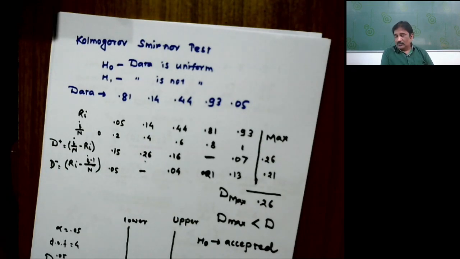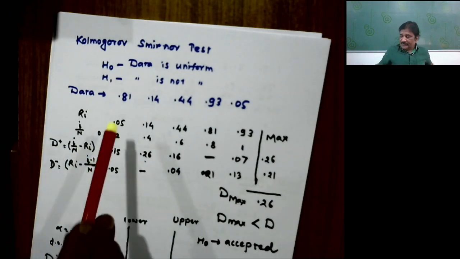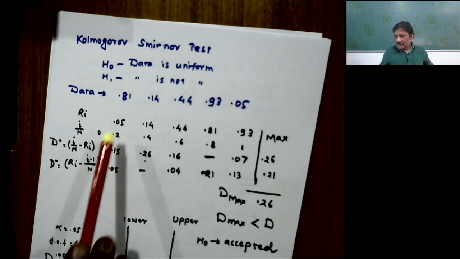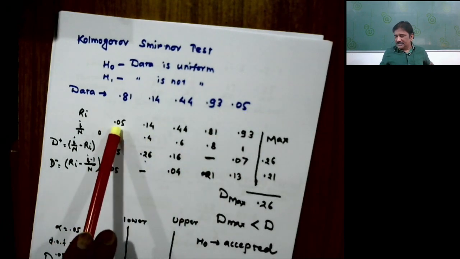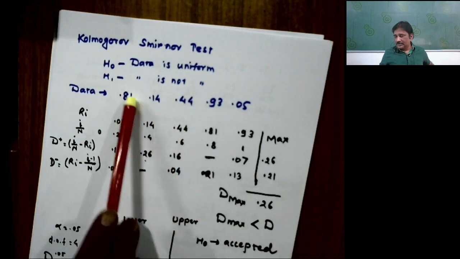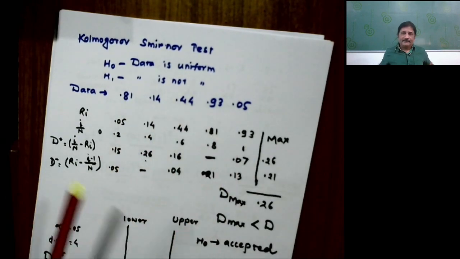Right. So in the Kolmogorov-Smirnov test, particularly for testing whether the data follow uniform distribution or not, what we will be doing is first of all arranging these numbers given, 0.81, 0.14, etc., in ascending order. Like the first number will be 0.05, next 0.14, then 0.44, then 0.81, then 0.93.